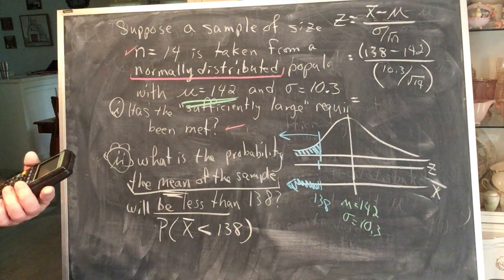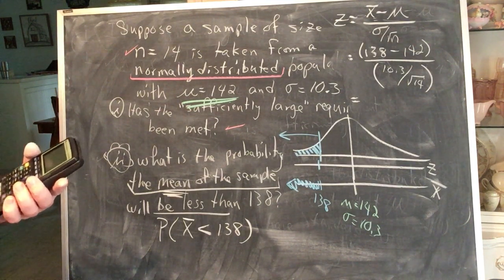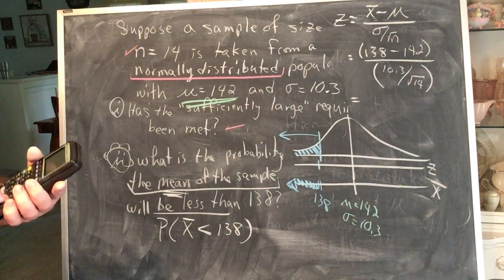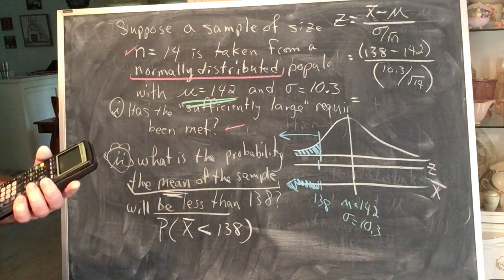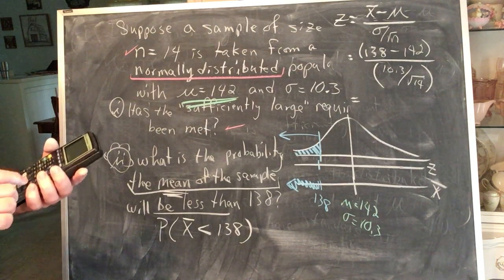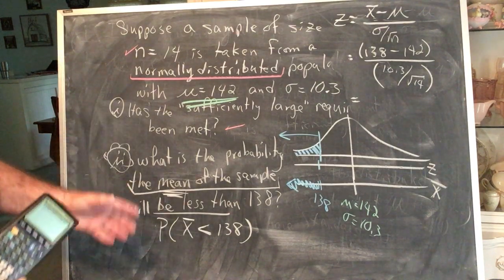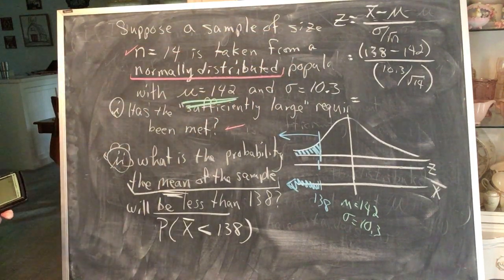So I'm going to compute parenthesis 138 minus 142, close parenthesis, divide by open parenthesis, 10.3 divided by the square root. On many calculators, when you hit the square root key, it opens a parenthesis for you, so you need to remember to close it twice.